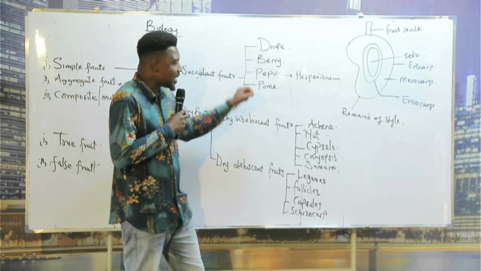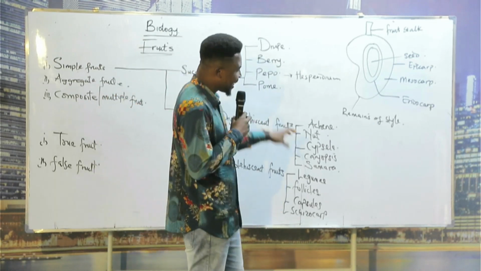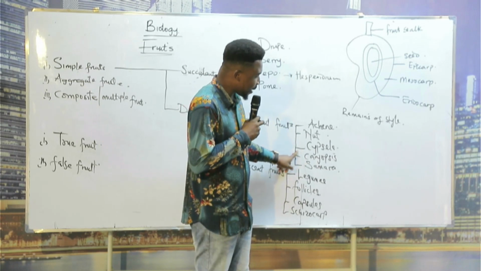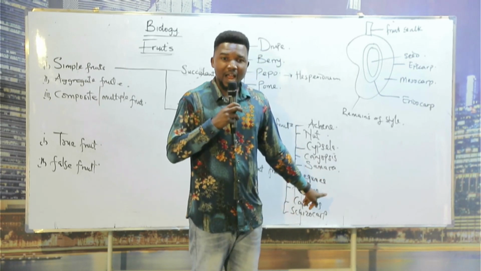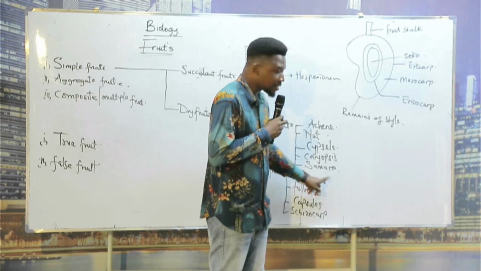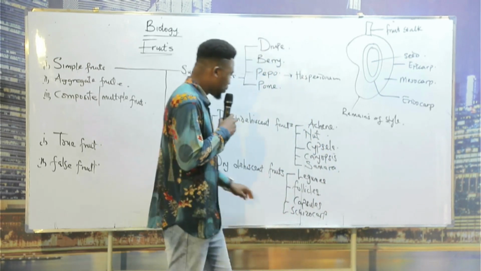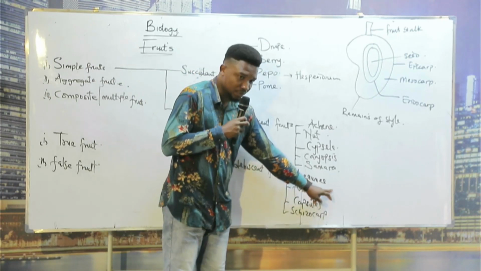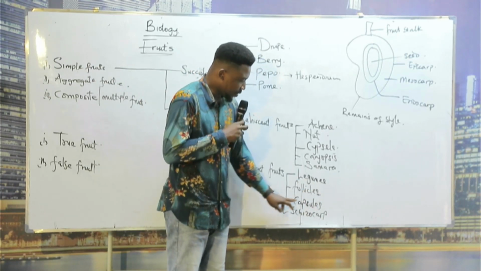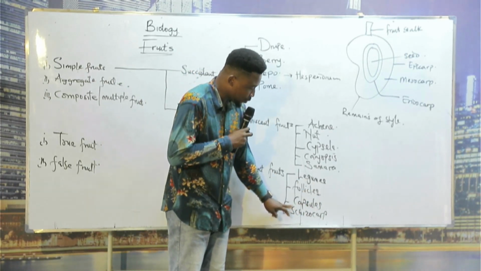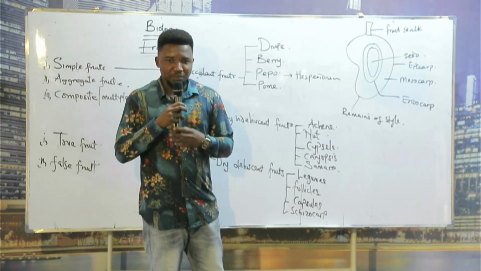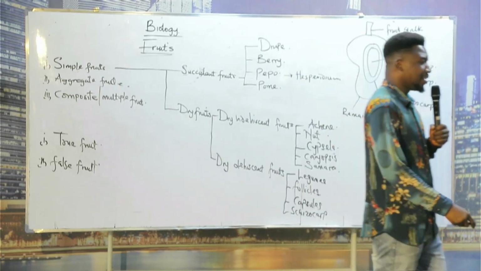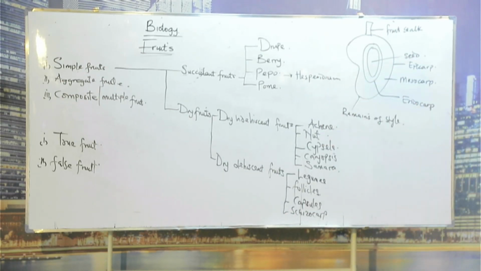Fruit. Then under the dry indehiscent fruit, we have the achene, the nut, the cypsela, the caryopsis, the samara. Now, we go over to dry dehiscent fruit. We have the legumes, the follicles, the capsule, the schizocarp. Now, each and every one of them, we have different types of fruit under it. And you need to know all of them.